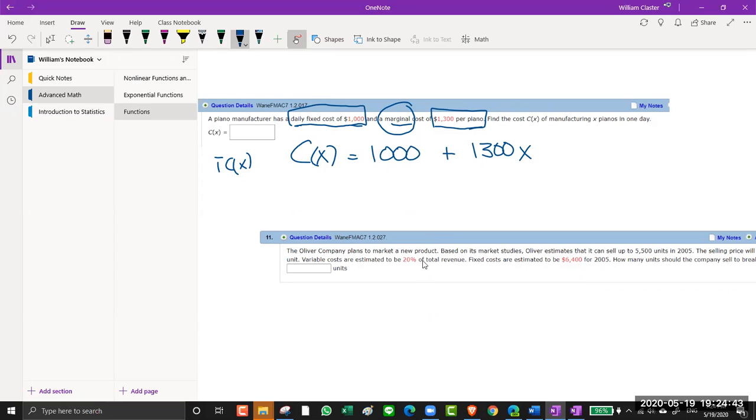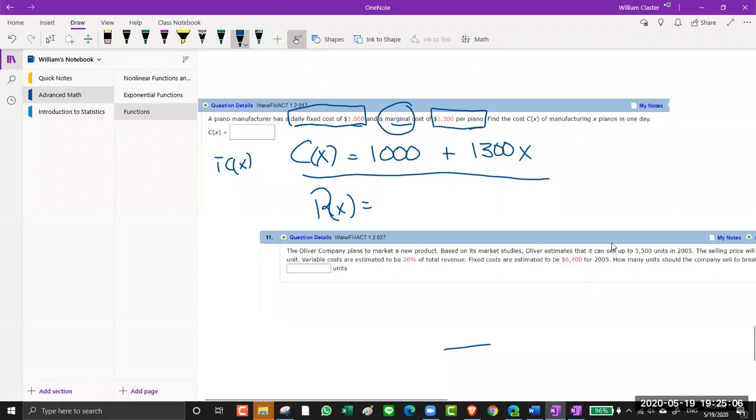Okay, now let's go to here. We have the idea of a cost function, and we also talked about the idea of a revenue function. Maybe we did this before, I forget. Oops, how do I move this thing?